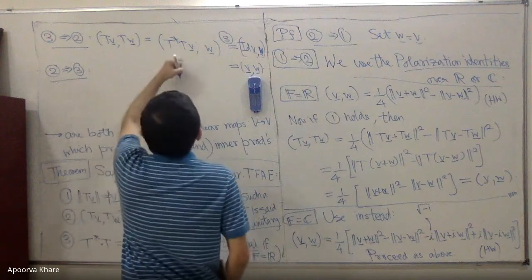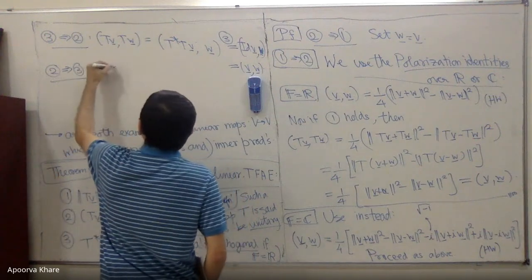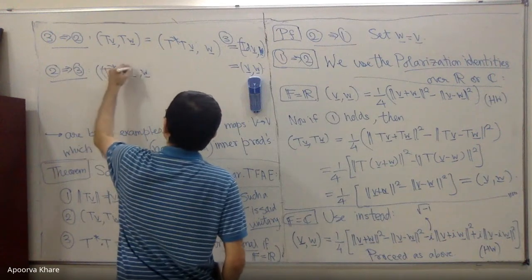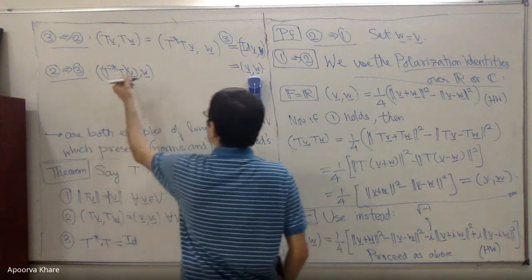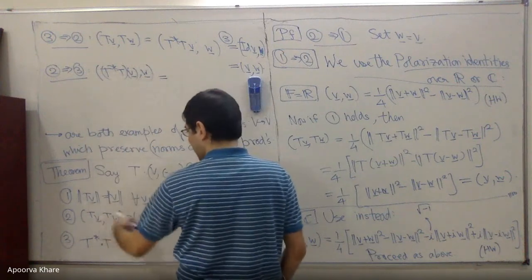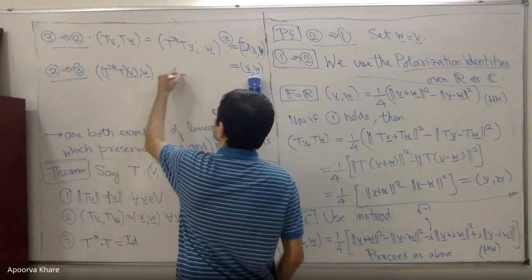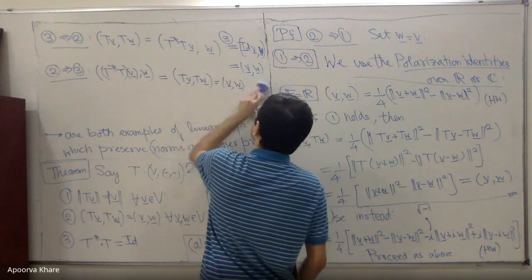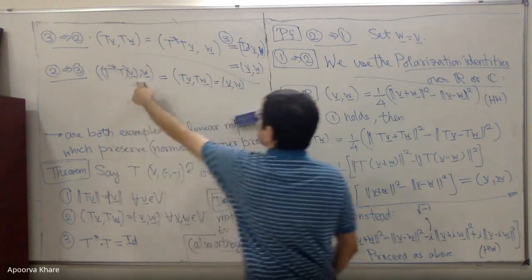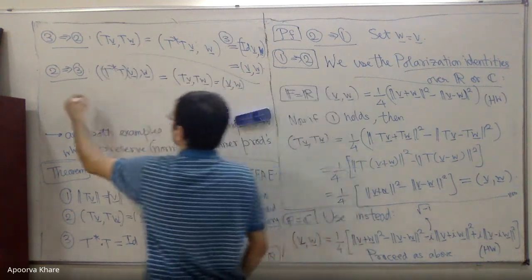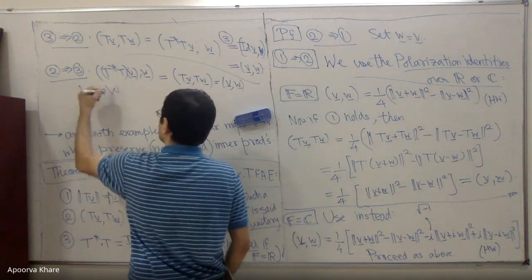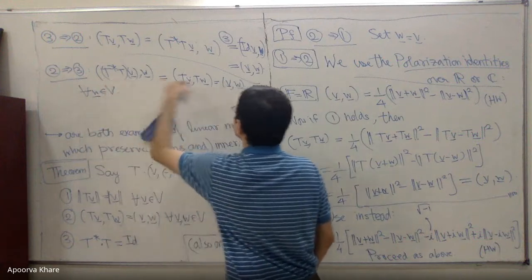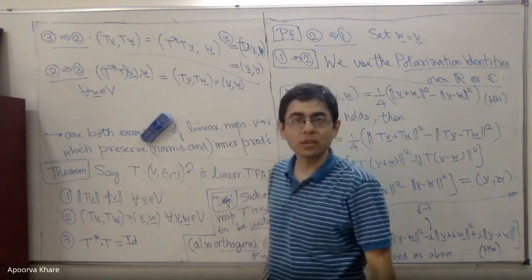Let's start from T star T V: apply this map, evaluate at V, and compute against W. On the one hand, I know property 2, so this is TV, TW, and hence it is V, W. So this left hand side equals this right hand side for all W in V. How can T star T of V minus V be 0 against all W's?